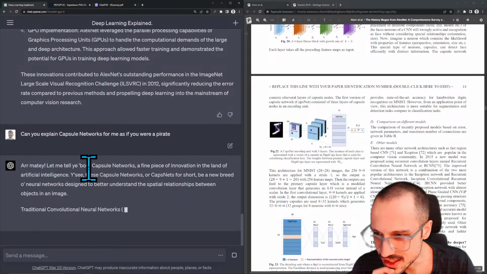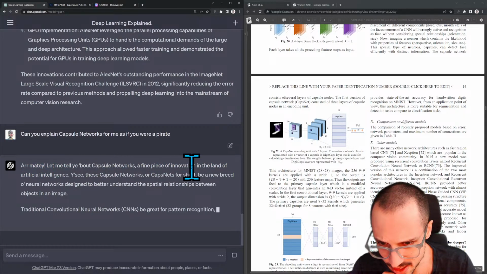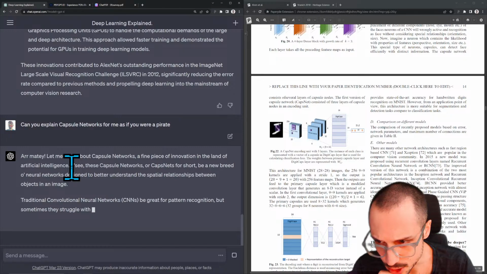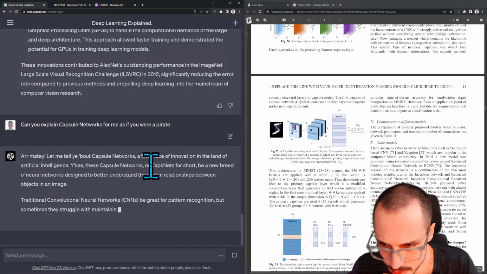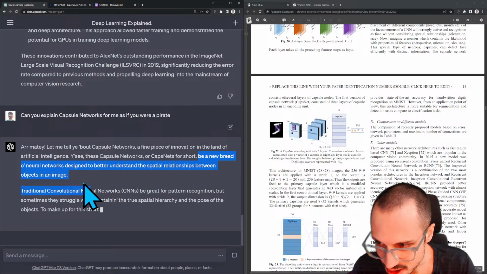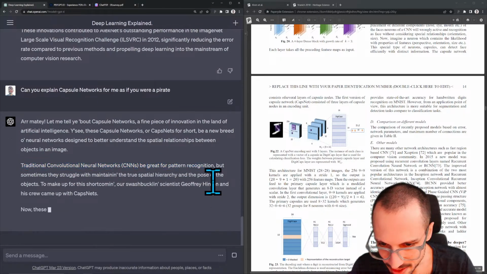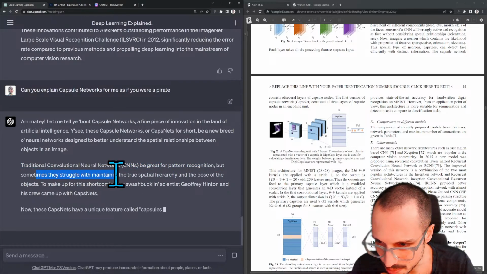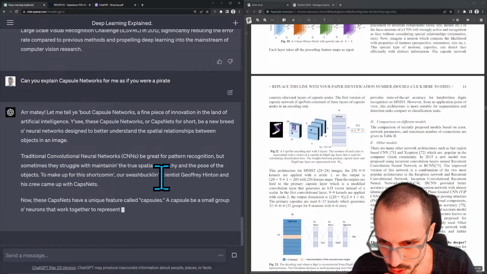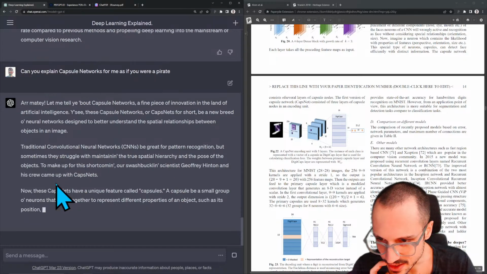Matey, let me tell ye about capsule networks, a fine piece of innovation in the land of artificial intelligence. You see, these capsule networks, or CapsNets for short, be a new breed of neural networks designed to better understand the spatial relationships between objects in an image. Traditional CNNs be great for pattern recognition, but sometimes they struggle with maintaining the true spatial hierarchy and pose of the objects.